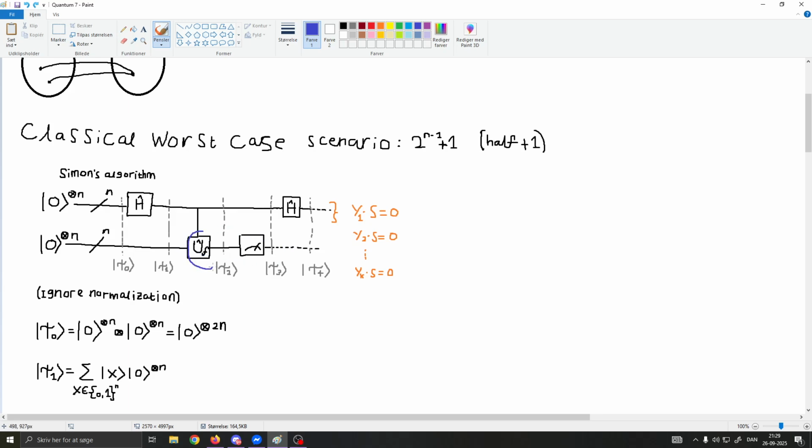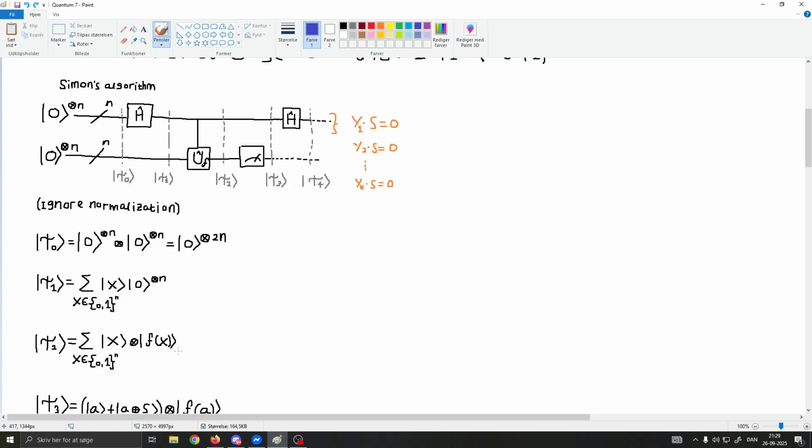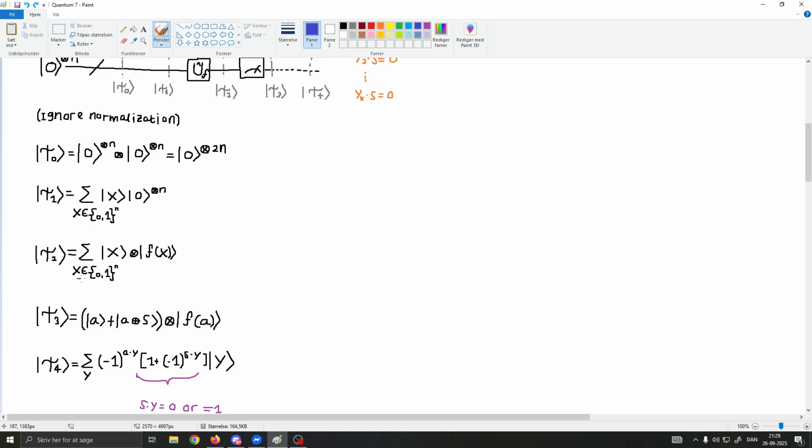That's what this unitary transformation does right here. It just calculates the function f. And that puts us into this scenario right here, where the first register is the equal superposition of x, and the second register is the function applied to that x.